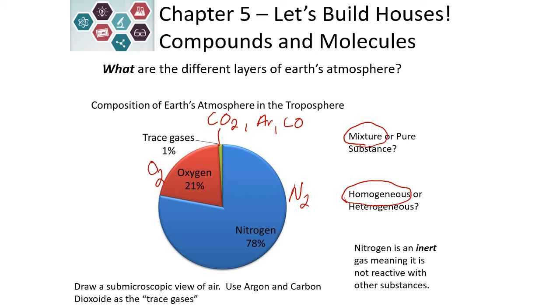Pause the video and try to draw a submicroscopic view of air. You can use argon and carbon dioxide as the trace gases. So the vast majority is going to be nitrogen. Nitrogen is usually represented in blue. Oops, those should be touching. Some of it is oxygen.